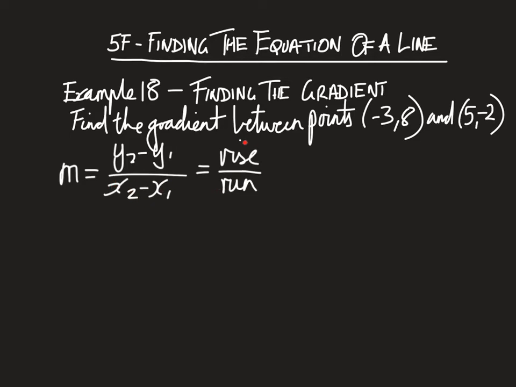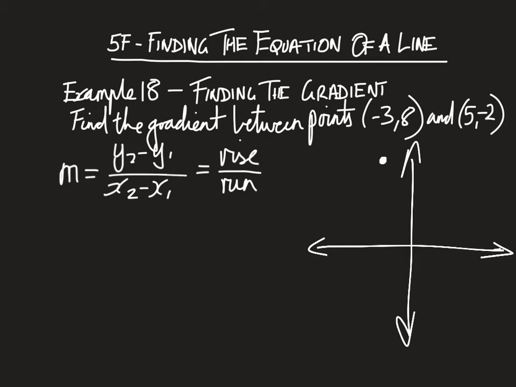Okay? The rise, if you can remember, and let me just draw it for you. I think this is probably the best way of doing it. I'm going to draw these 2 points on a Cartesian plane. I think if I do both methods at the same time, you'll understand a little bit more what this is about. So the point minus 3, 8 is approximately up here.